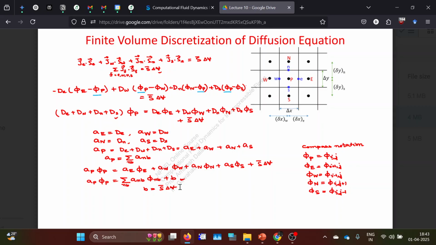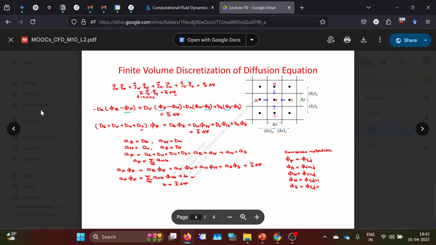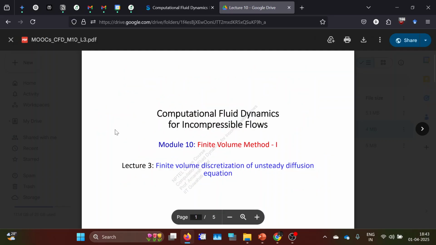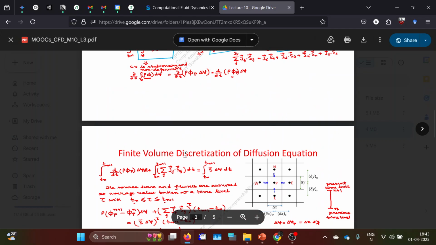So any given equation you have will be discretized. All this mathematics will be done. Then finally, we will write the equation in this form and then try to solve it. So this one may be simple and easy, but let's take the other one. In the third lecture, we studied unsteady diffusion, right?